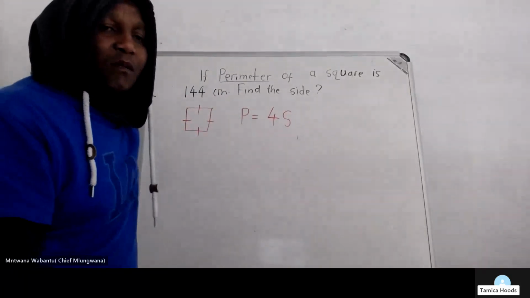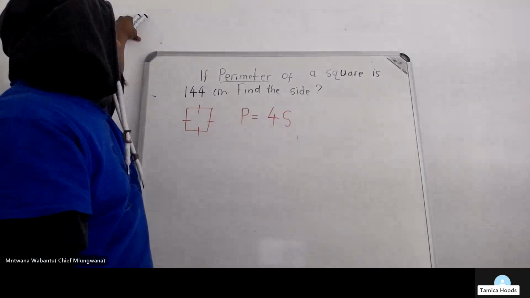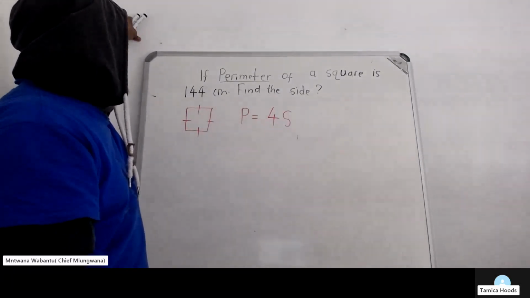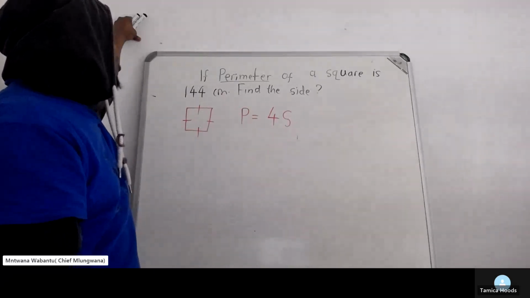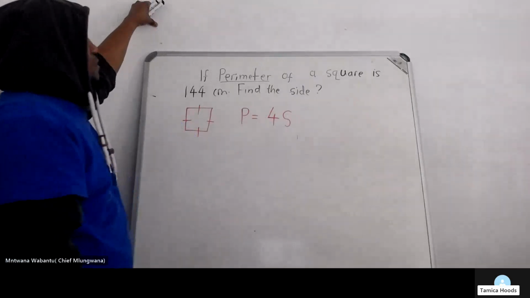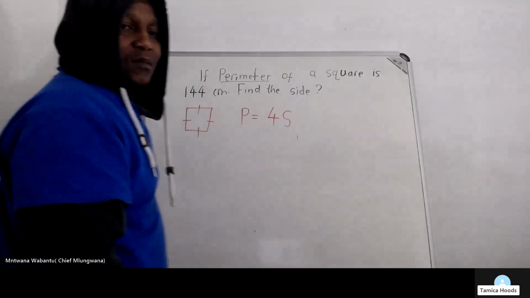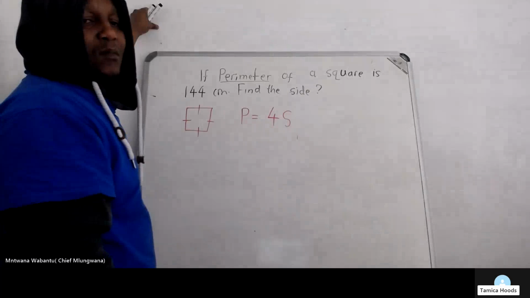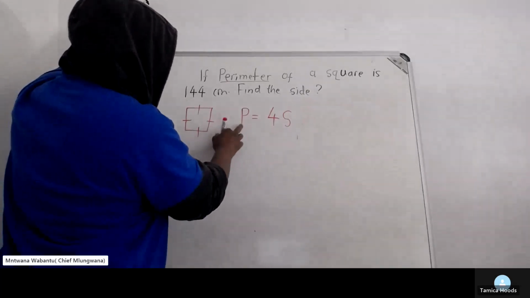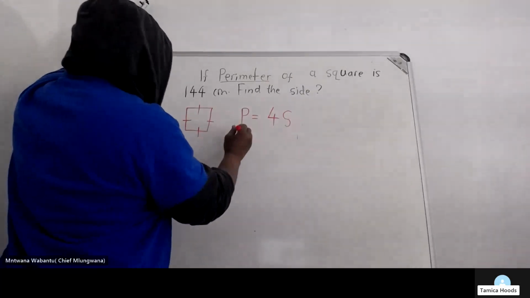And then we are going to go to the next step, which will be 144 centimeters. How do you know 144 centimeters and where I'm going to write it? Because in the question it says that the perimeter of a square is 144 centimeters. We're going to replace the P with 144.